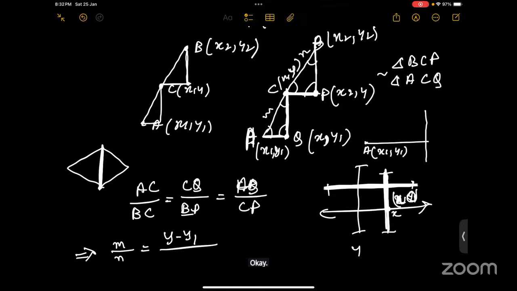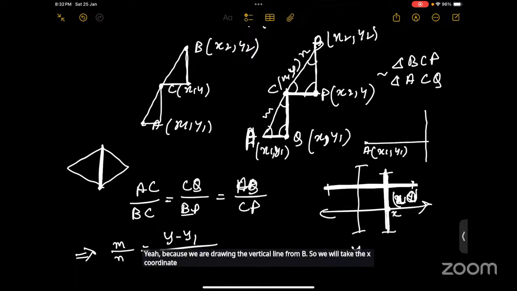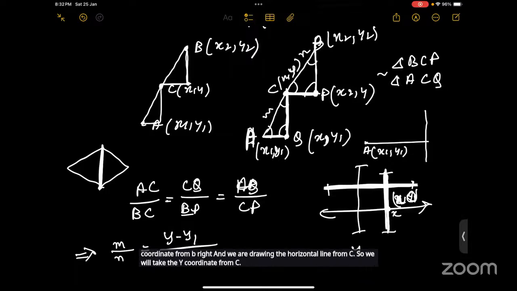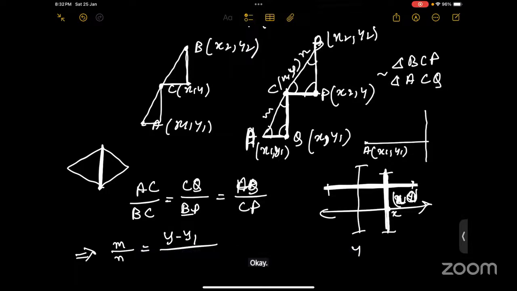Ma'am, in the first half, B, C, Q, you are taking B as x and C as y. Yeah, because we are drawing the vertical line from B, so we will take the x coordinate from B. And we are drawing the horizontal line from C, so we will take the y coordinate from C. From A we are drawing a horizontal line, so we will take the y-axis.